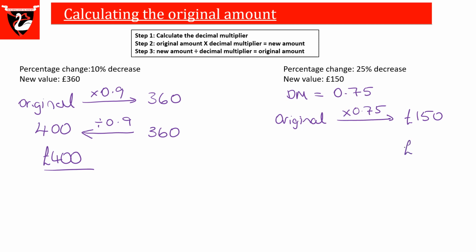We then reverse the equation, and we start with £150. This time, because it's in reverse, we are going to divide by our decimal multiplier, which would give us a final answer of £200 as our original amount.